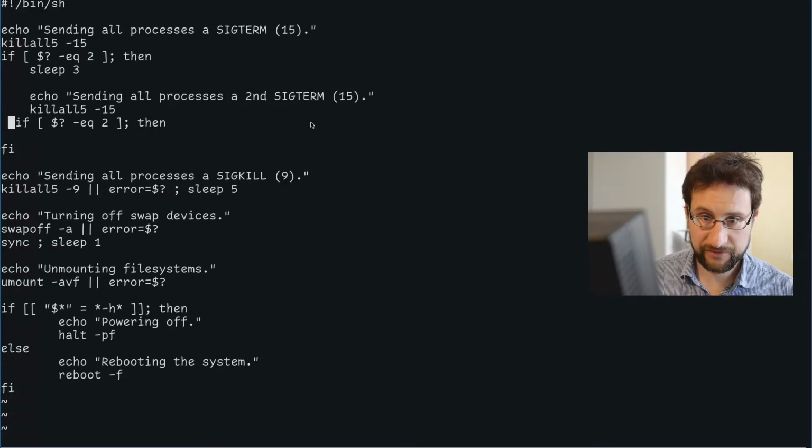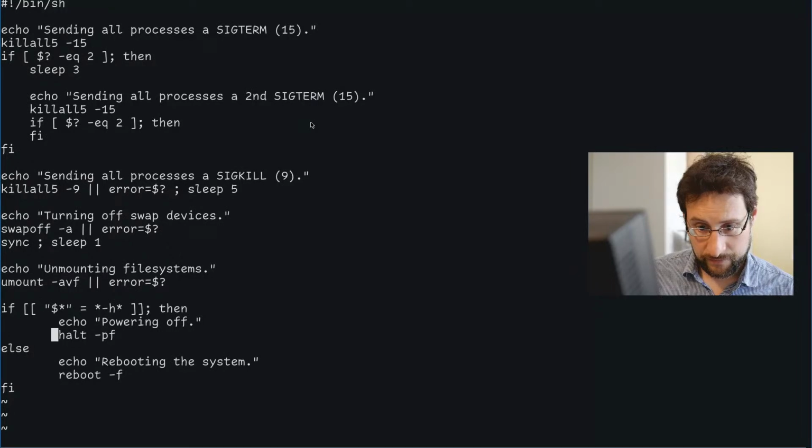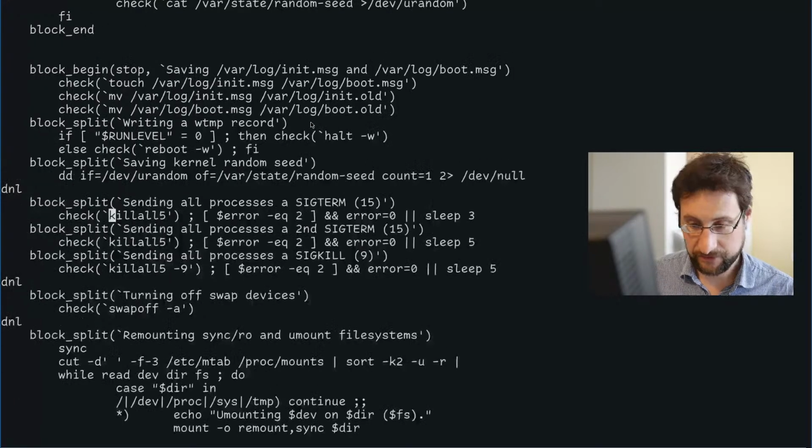Is it tabs? I hope it's tabs. That is tabs, good. So if there's still something running, then what delay do we have there? Again 5, probably again 5. And then probably give up, I guess.